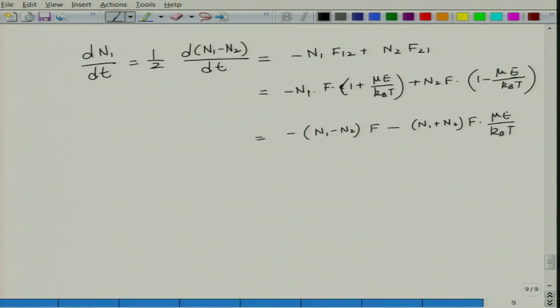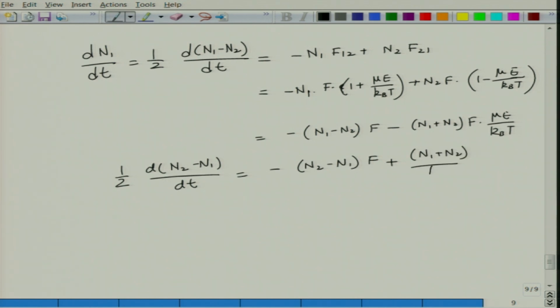Alternatively, I can write this as half of d(N2 minus N1)/dt equal to minus (N2 minus N1) F plus (N1 plus N2) F mu E by kBT.